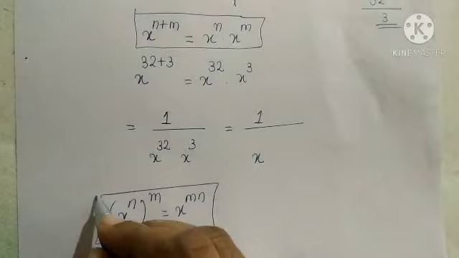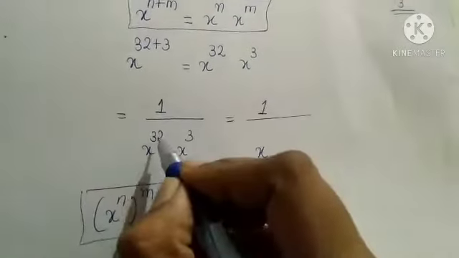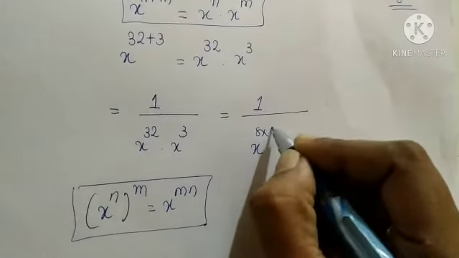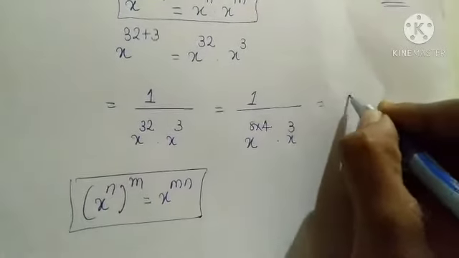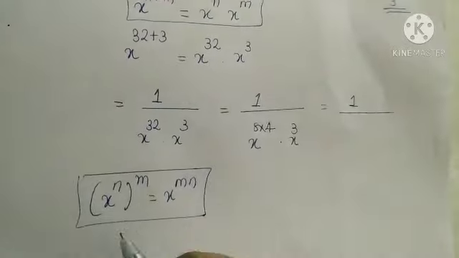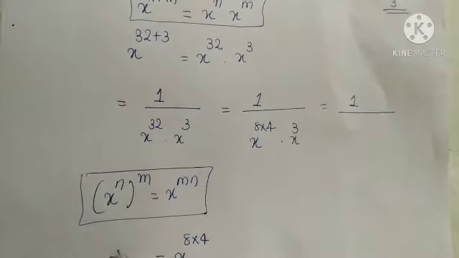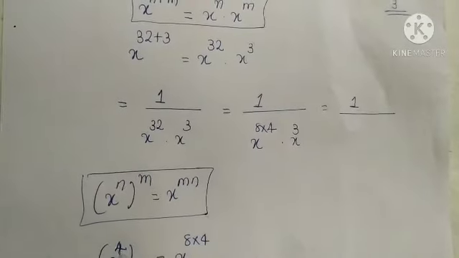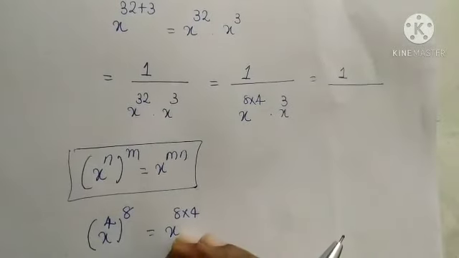So using this law of exponent, I'm going to change this 32 by 8 into 4. 8 into 4 is 32, right? x cube. In the next step, I'm going to use this formula. x raised to 8 into 4 can be written as x raised to 4 whole raised to 8. Right? These are equal.